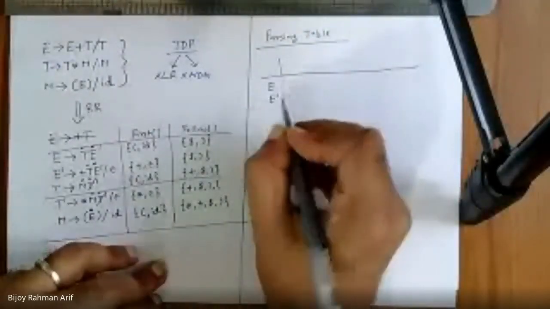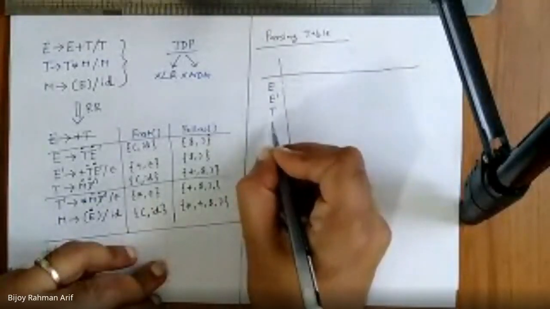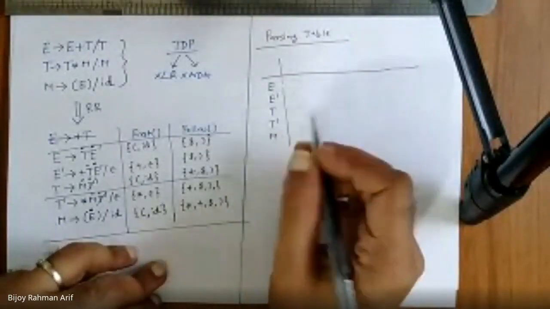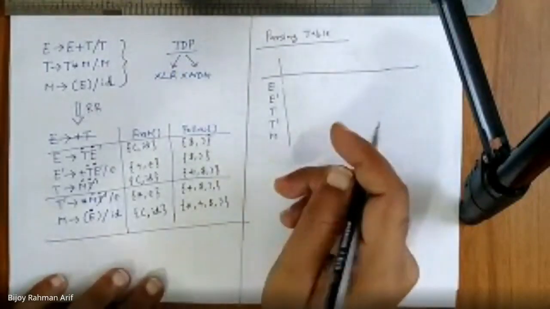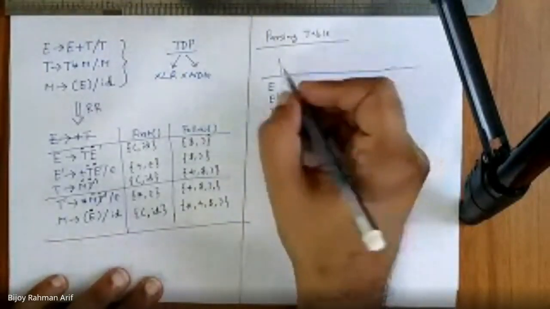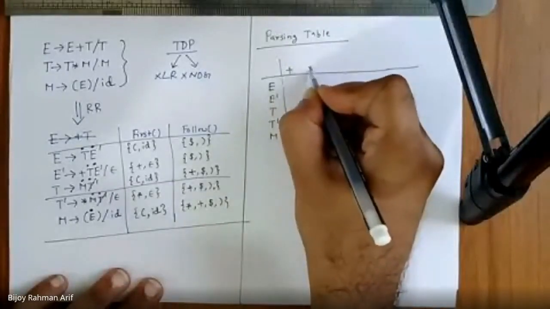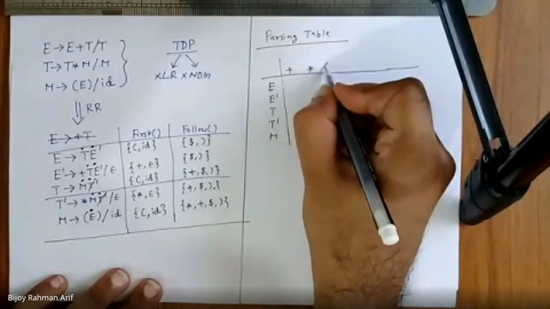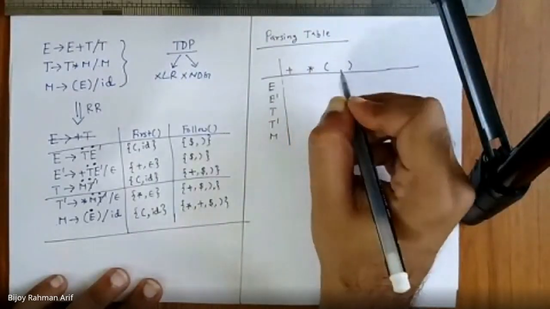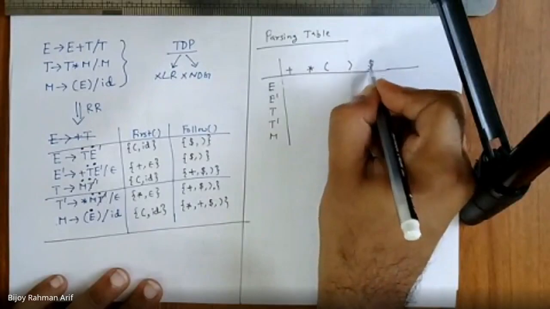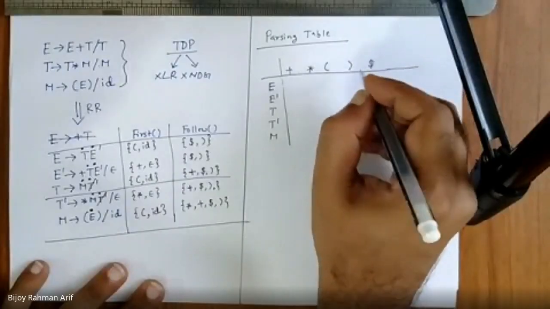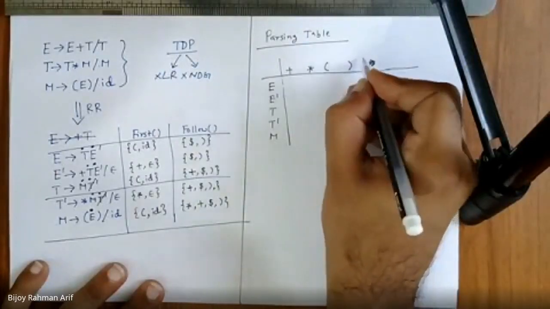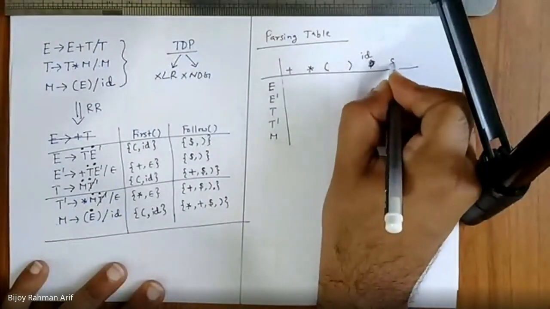E, E dash, T, T dash, and M. How many terminals are there? Plus, star, open parenthesis, close parenthesis, dollar, and ID.